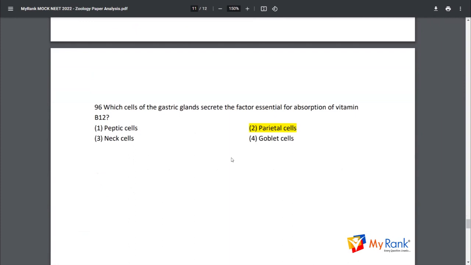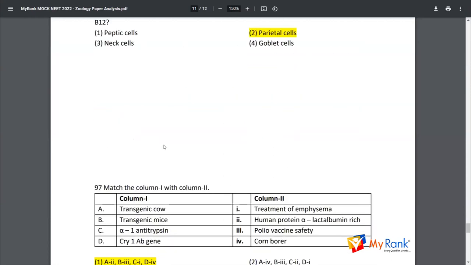Which of the following gastric glands secrete the factor essential for absorption of vitamin B12? Castle's intrinsic factor is responsible for absorption of vitamin B12 into the body. This Castle's intrinsic factor is secreted from the parietal cells of the gastric gland. So option 2 would be the correct answer.